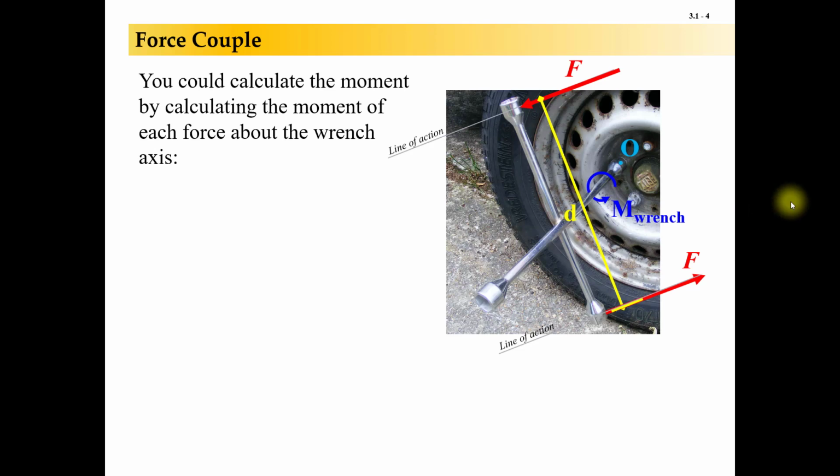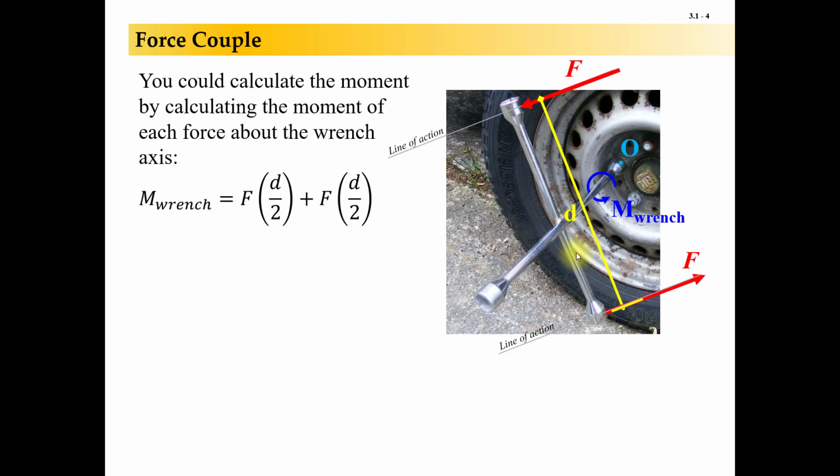So here is what that might look like when you're changing a tire. Maybe you're pushing down up here on the top, pulling up from down there on the bottom. We looked at this in a previous lesson, but we only had the force in one spot. Now we're doing it at both ends here. And so if you want to take the moment about the center axis like we did in the last lesson, counterclockwise positive, you could say that the moment caused by these forces might be this force F multiplied by d over 2, which is this distance.